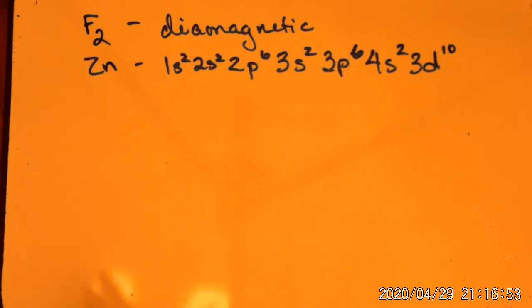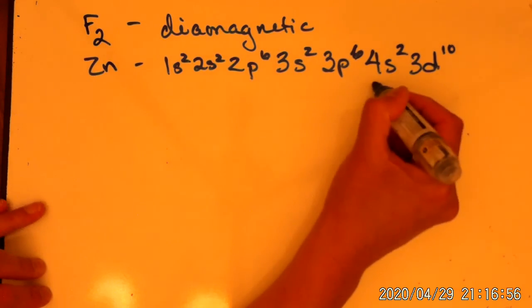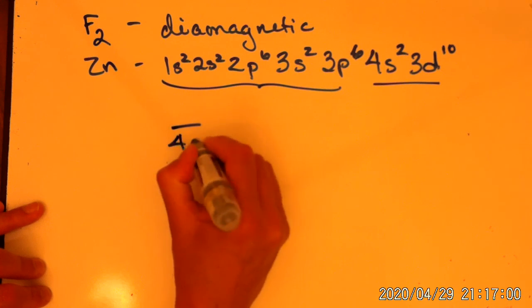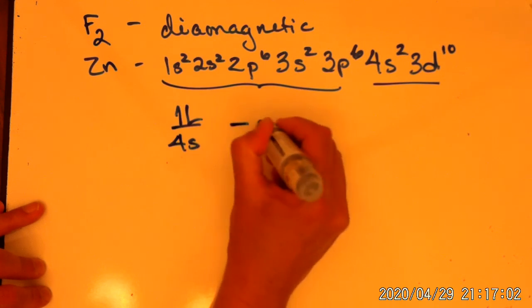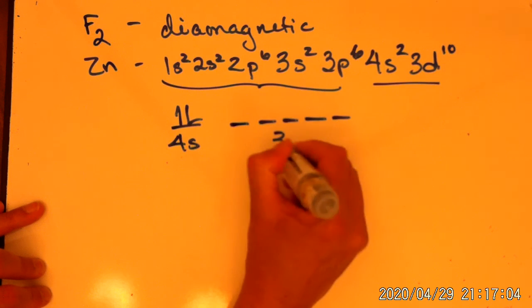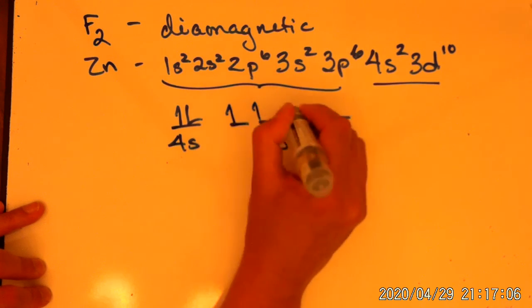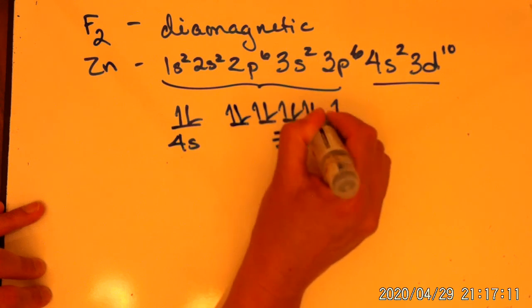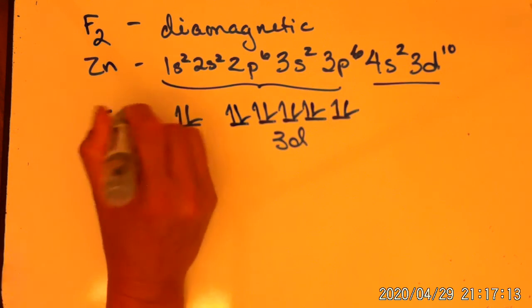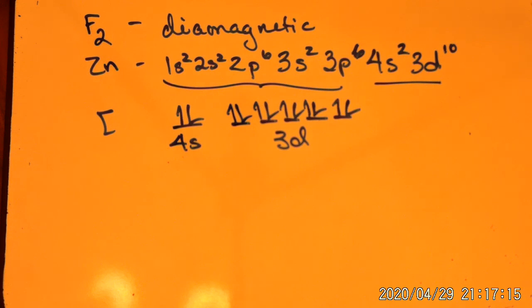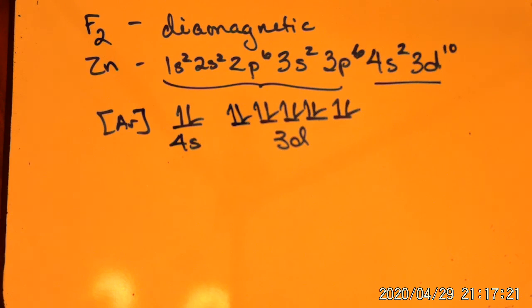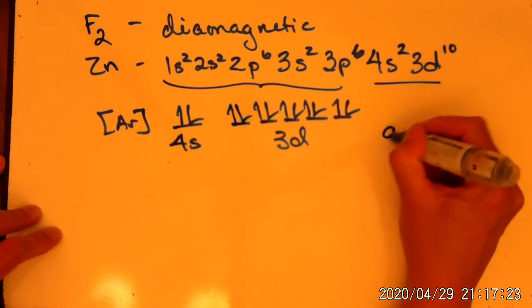When you see this, these are all paired. The 4s2, and the 3d10, 1, 2, 3, 4, 5, 6, 7, 8, 9, 10. And before the zinc, for my noble gas, it would be argon. So what this means is that zinc is diamagnetic.